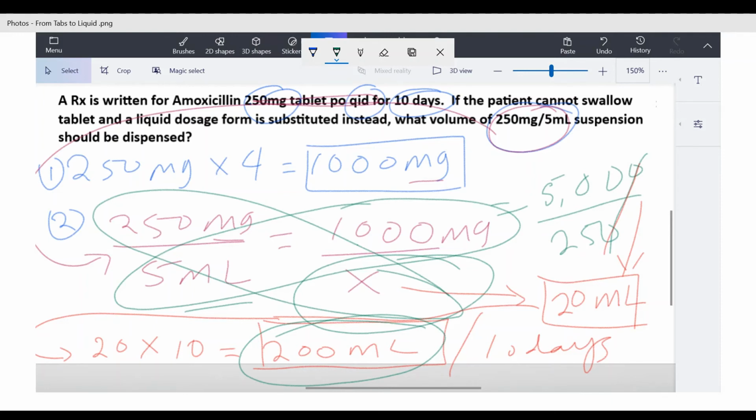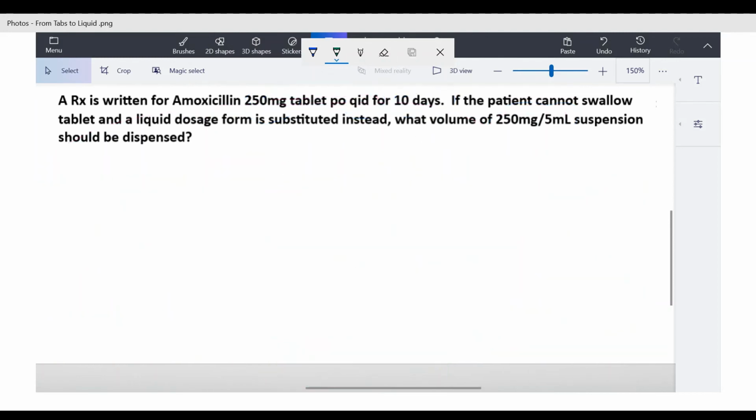I'm also going to show you another way we could have done it. Going back, we need to keep our 250 QID 10 days, 250 milligrams per 5 milliliters.